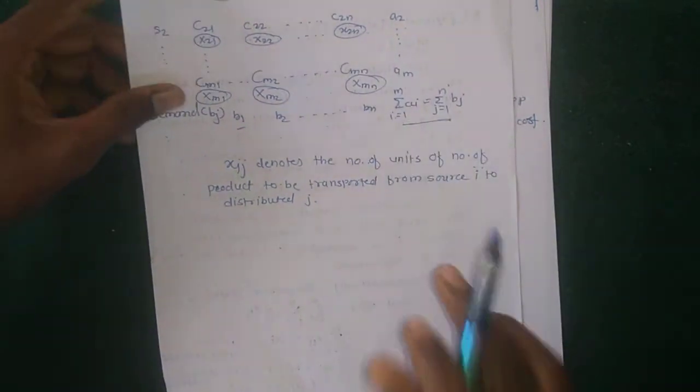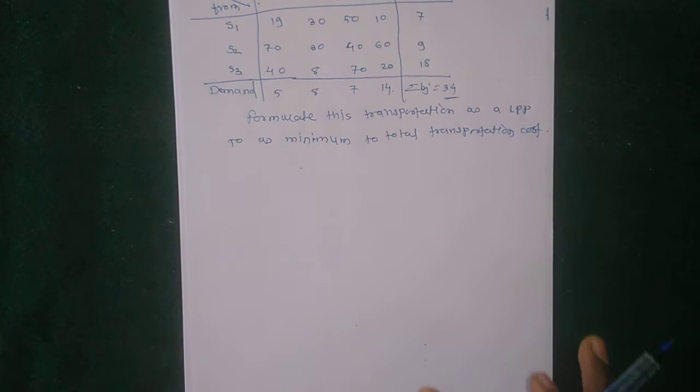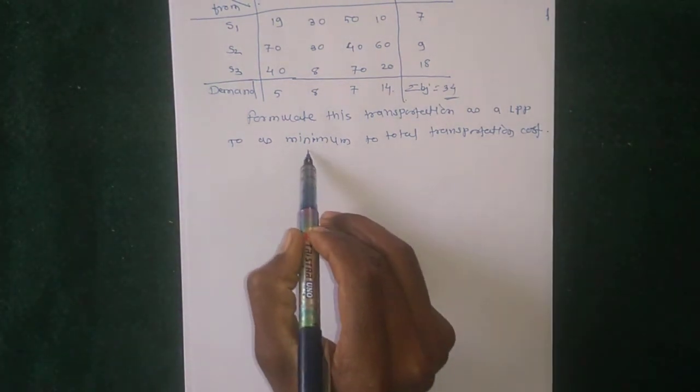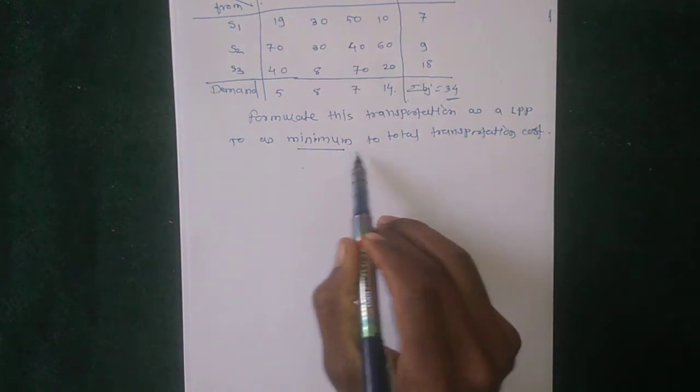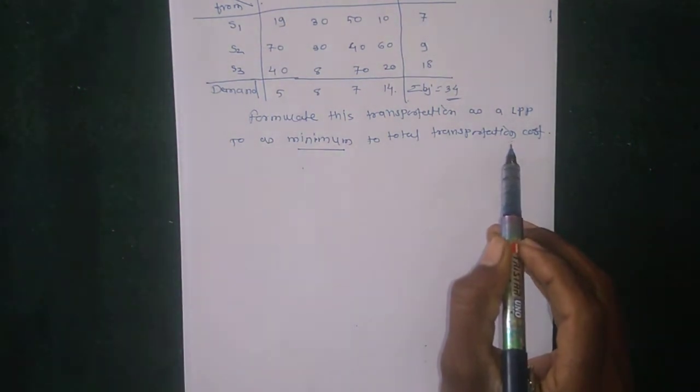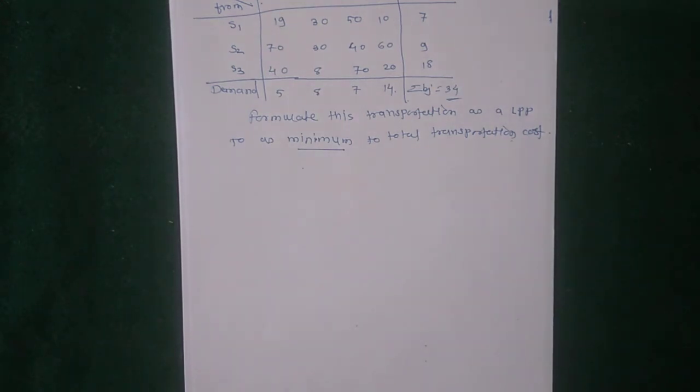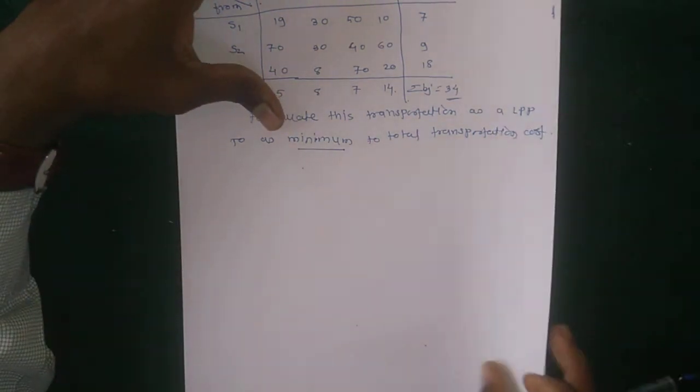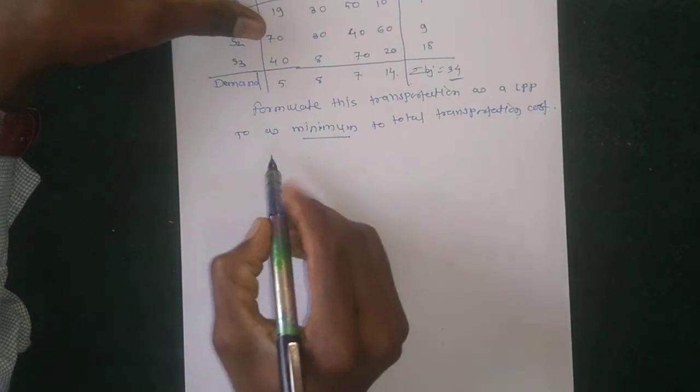Then how to formulate this LPP? Firstly, we minimize the total transportation cost, so the objective function is of minimization type.